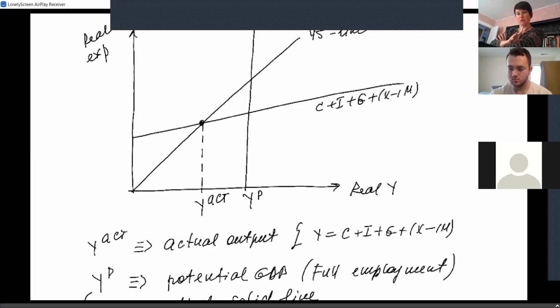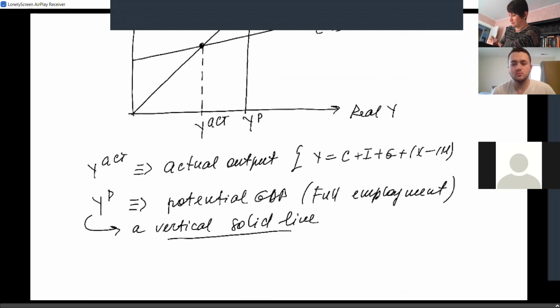You see the difference between the two lines? The actual GDP is indicated by a dotted line, whereas potential is a solid line, okay? Why? Because potential doesn't change overnight. Potential is based on the full usage of the labor force, and the size of the labor force does not change in the short run, but actual GDP could, right?